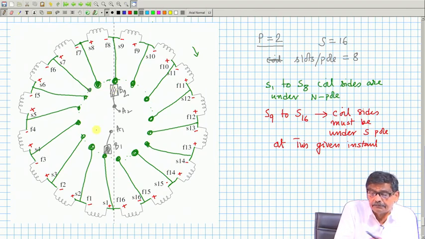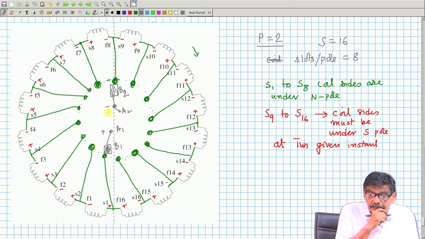Whoever has made the winding will tell you, put the brush here, put the brush there, so that you will get DC voltage. Rotate the armature in the field produced by the stator coils, and you will get DC voltage. So, that is very nice.